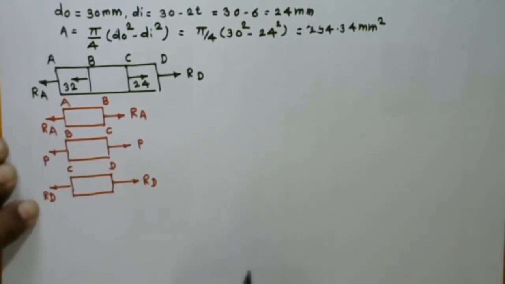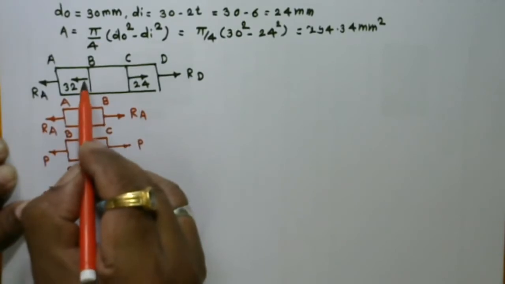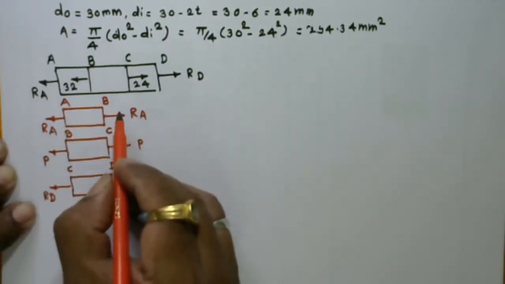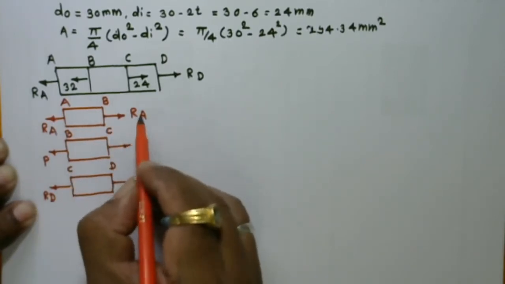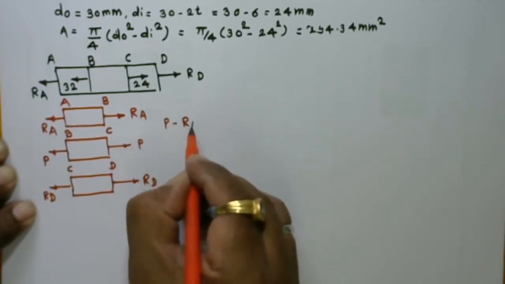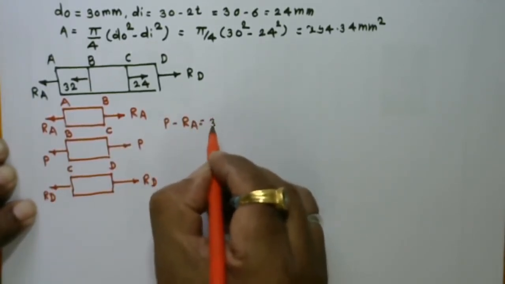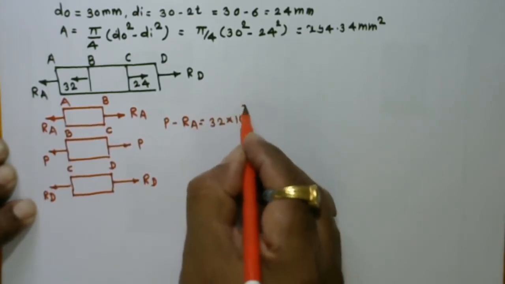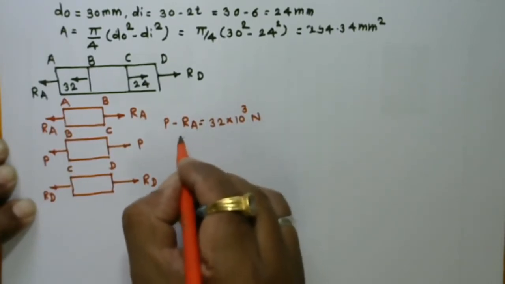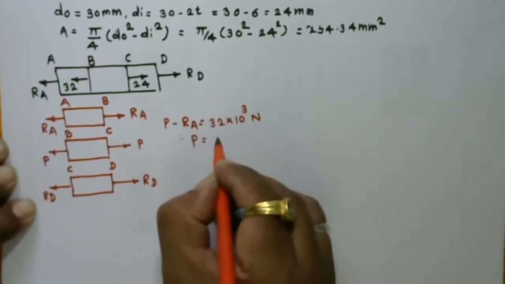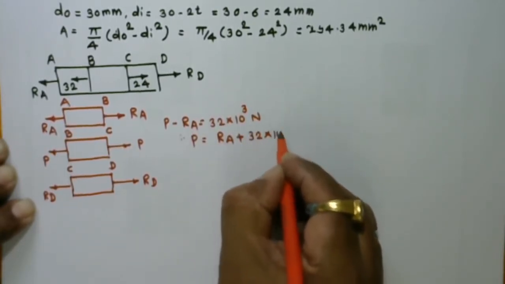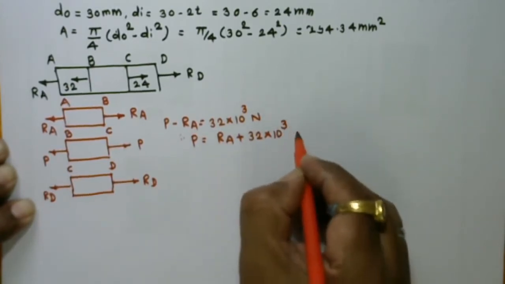Is it right? So in that case, at point B, the 32 kilonewton force is going to the left-hand side. So you may write the equation at that point: P minus RA is equal to 32 into 10 raised to 3 Newton. So that equation becomes P is equal to RA plus 32 into 10 raised to 3. Say equation 1.